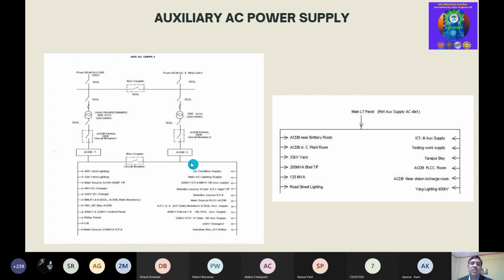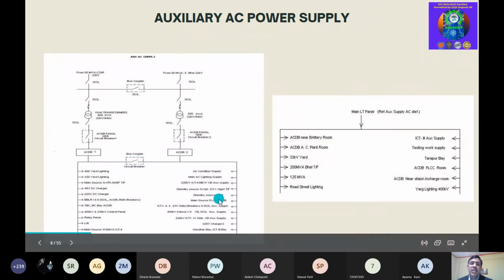Suppose this breaker is not working, or any equipment here is not working; then I can close the bus coupler and feed the power supply through the bus coupler to the other feeders also. So this is the redundancy provided in the AC auxiliary supply arrangement.